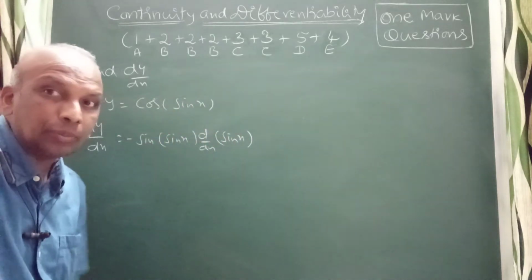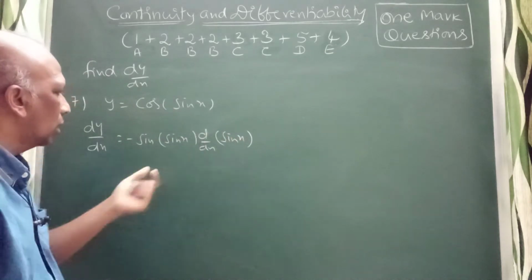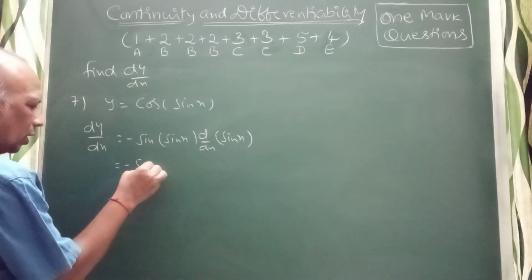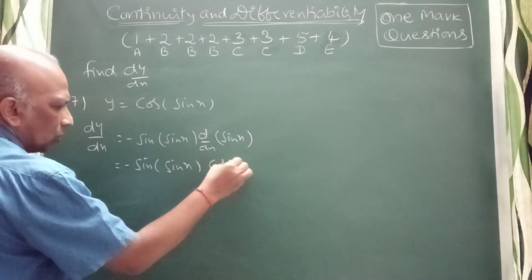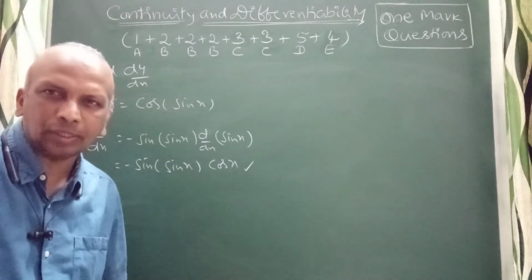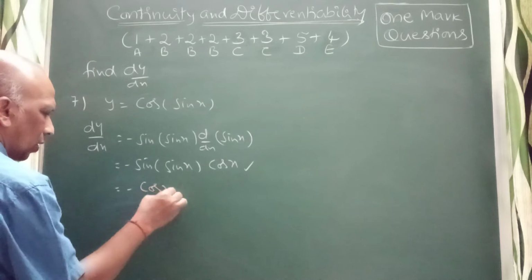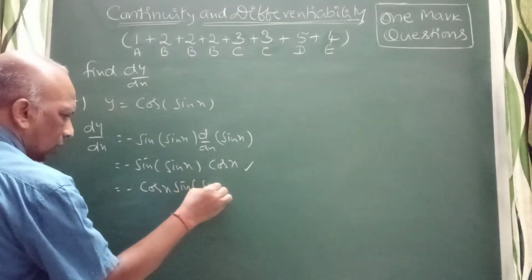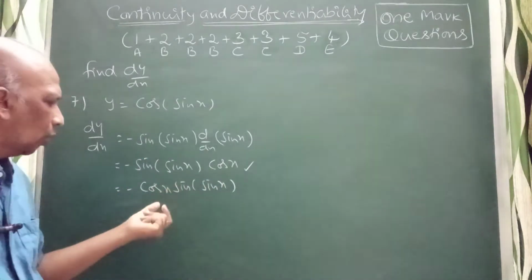Minus sin of sin x, and derivative of sin x is cos x. That's all. That is your answer, right? Minus sin of sin x into cos x, or I can write minus cos x into sin of sin x. Even if you stop here, no problem.